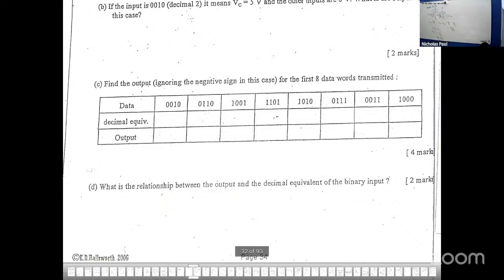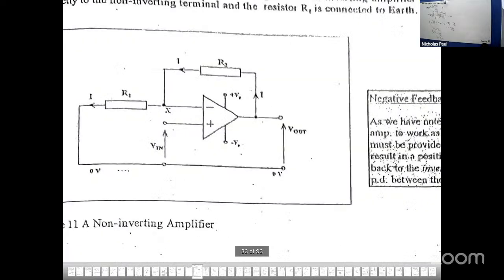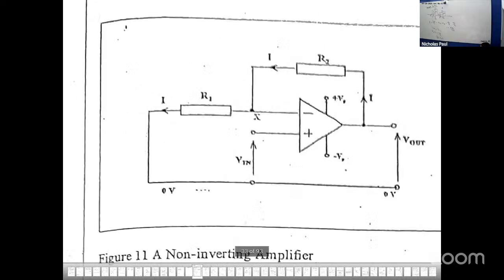All right, nice. And you can do that same thing for all of them, right? Yes, sir. Okay, so that's one more thing I want today. I want to focus on the non-inverting op amp. Last thing for today.